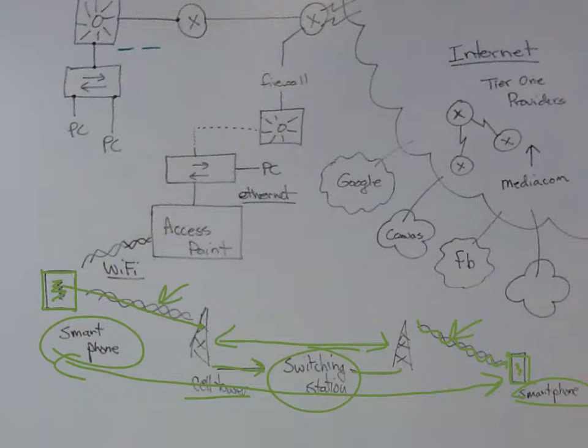You could have your phone connect to an access point using Wi-Fi. Now this communications protocol is different than this one. Once in here, we use a different protocol to run it through the firewall here, and out to the internet.